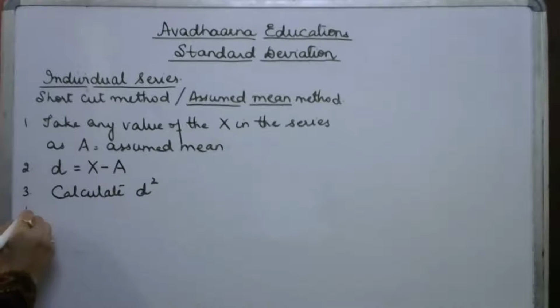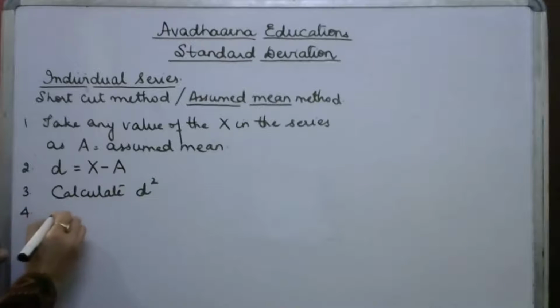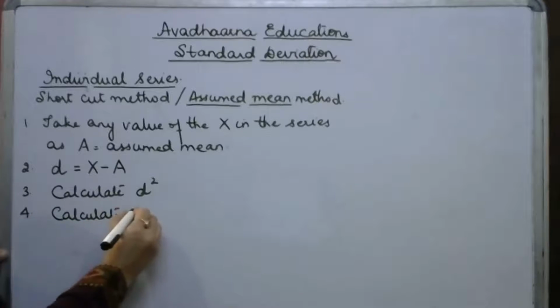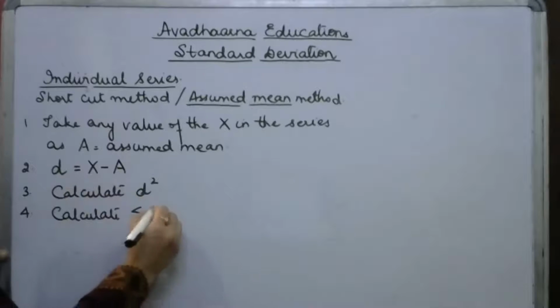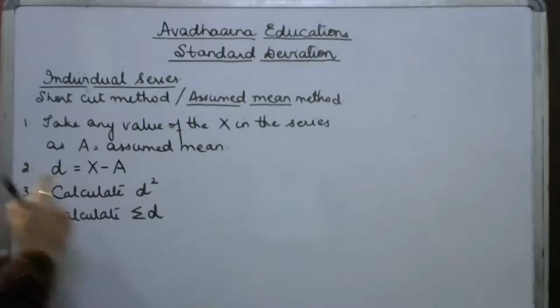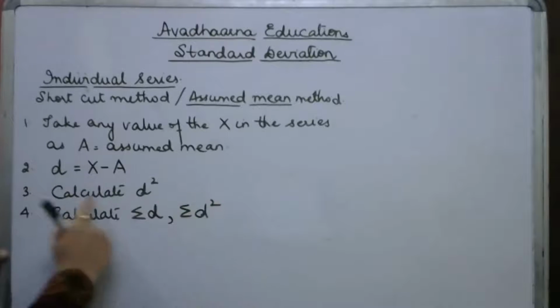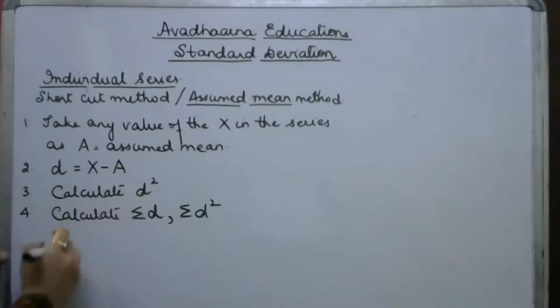And then the fourth step, we are going to calculate the sum of the deviations which we have obtained in step 2 and the sum of the squares of deviations which we have obtained in step 3. Fine.